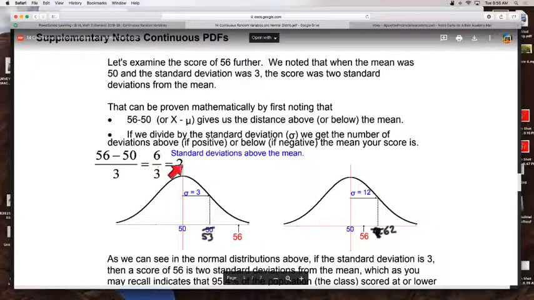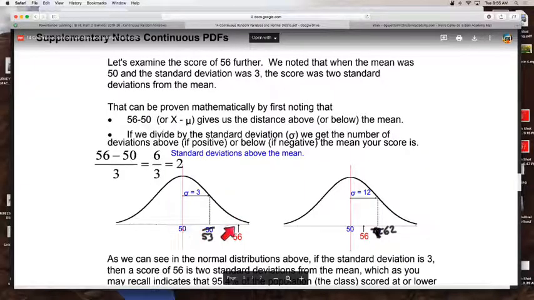To calculate how far above the mean you are, first you can say 56 points is 6 points above the mean, and the standard deviation is 3, which means if we take 6 points divided by 3, we know that we are 2 standard deviations above the mean. To be 2 standard deviations above the mean, as you can see from looking at the bell curve, is an extremely rare event.